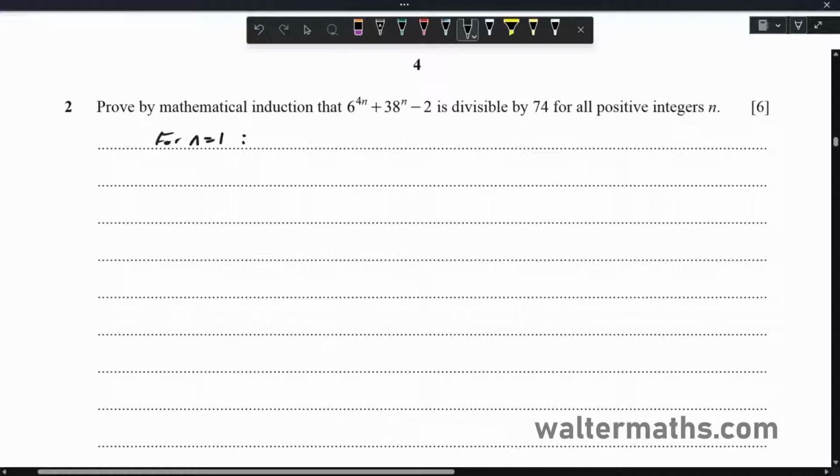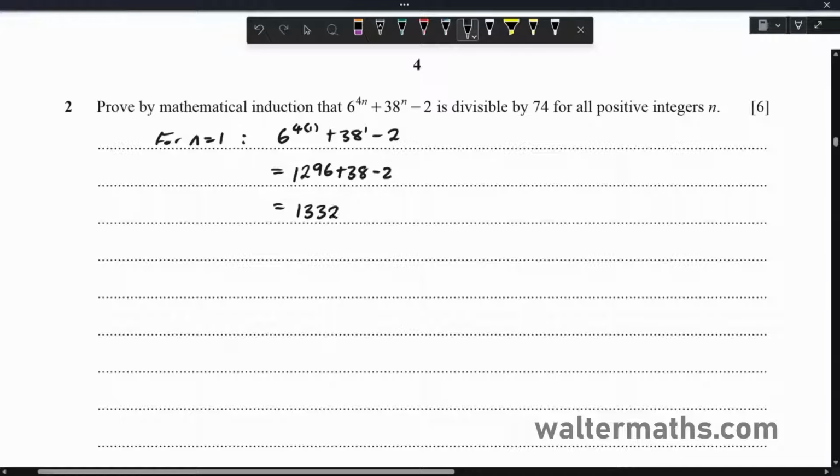And when n is 1, we'll be having 6 to the 4 of 1 plus 38 to the 1 minus 2, which, for 6 to the power of 4, we have 1,296, plus 38 minus 2, and this will give us 1,332.